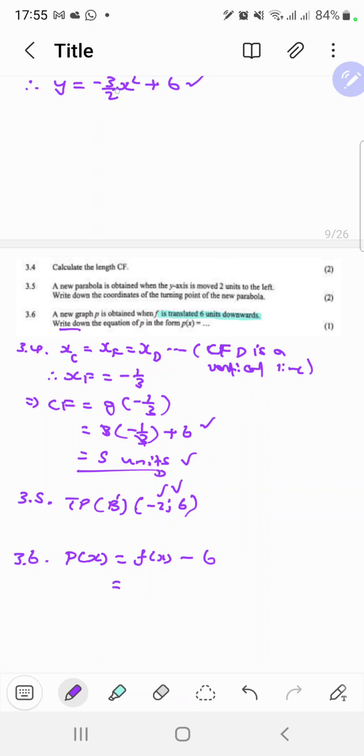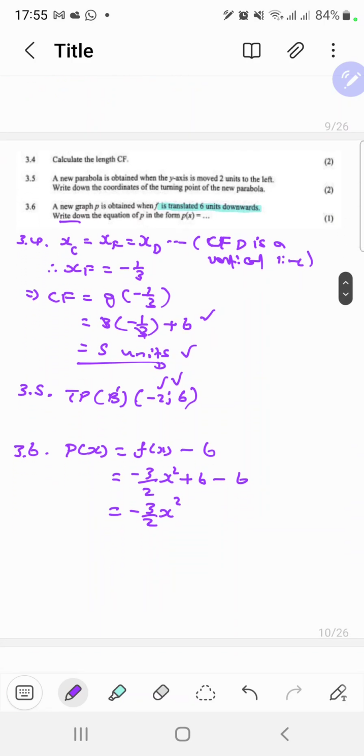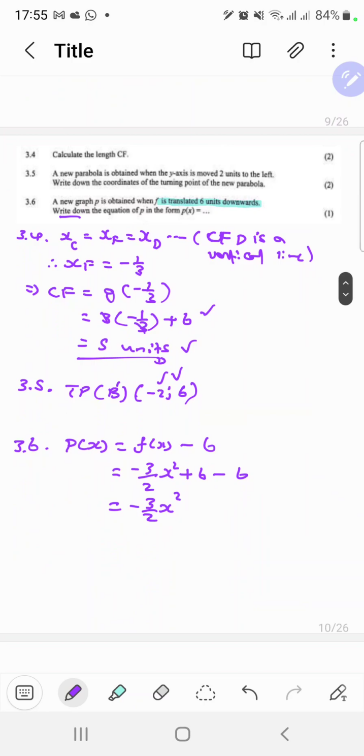But what was the equation of f? It is that equation which is calculated above there. So it's -3/2 x squared plus 6, and then we're subtracting 6. This is effectively -3/2 x squared. Okay, that is fine. So we are sorted. They said write down. So you could easily show up with P of x is equal to that and not show us how you worked it out.